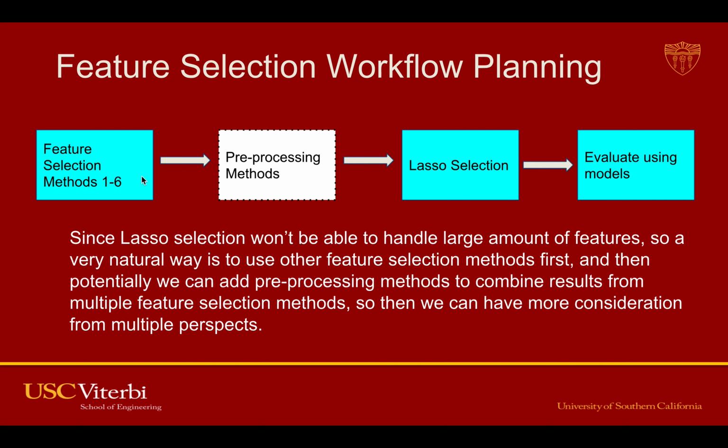In the first feature selection part, we use the listed 6 feature selection methods. After that, we do a preprocessing method as listed here, and then we do lasso selection. After we get the selected features, we use those features to build a predictive model.